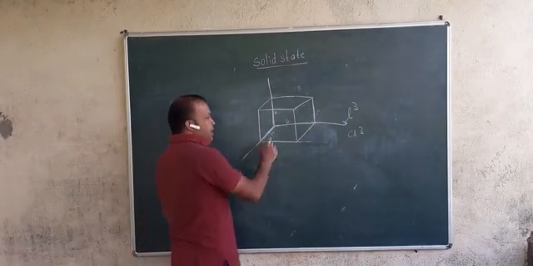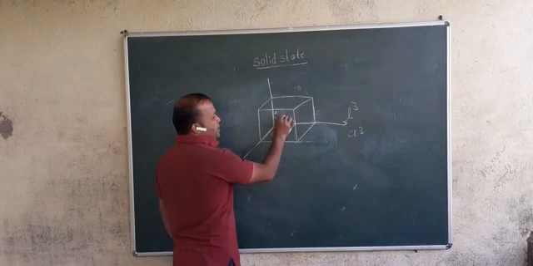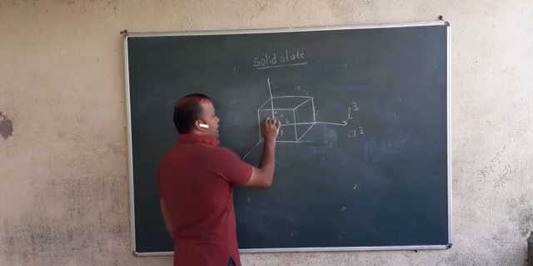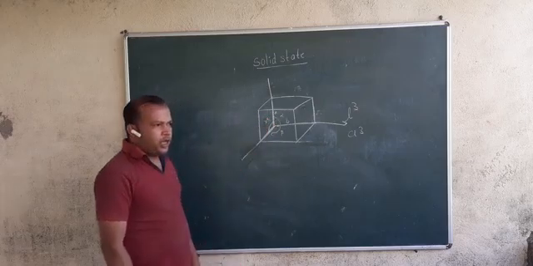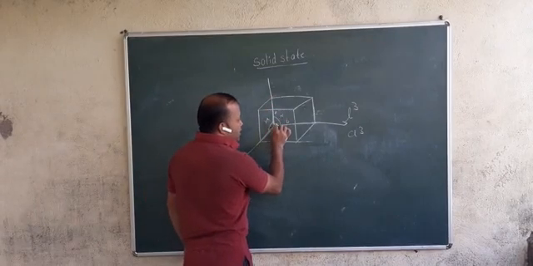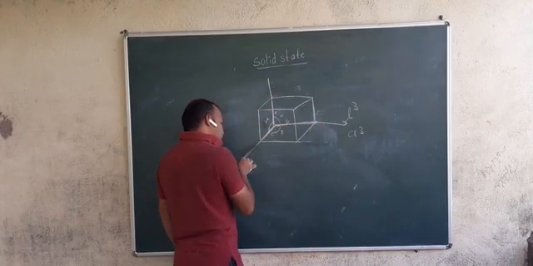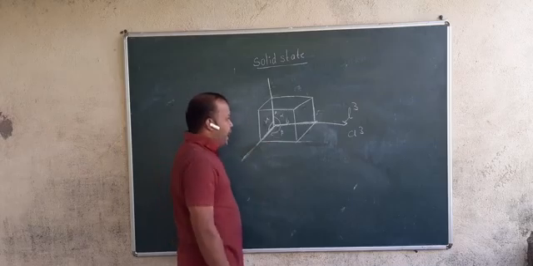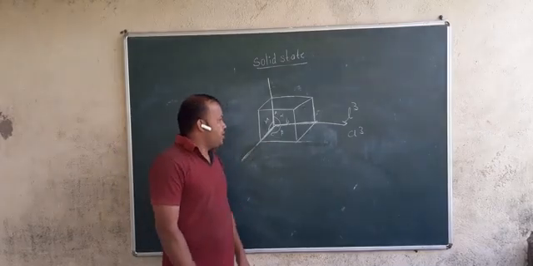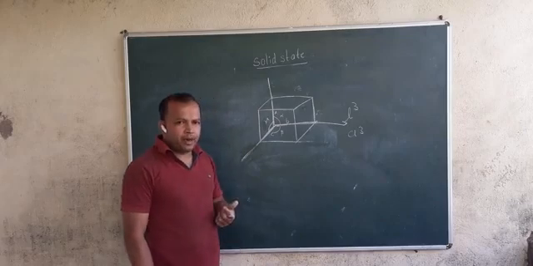So the angle between A and B, suppose this is alpha, this is beta, and this angle is gamma. So here we have 3 edge lengths, that is length A, length B, length C. The angle between A and B is alpha, B and C is beta, and C and A is gamma.